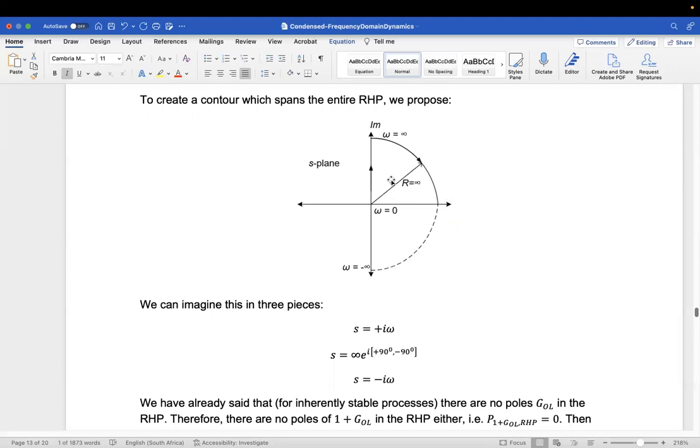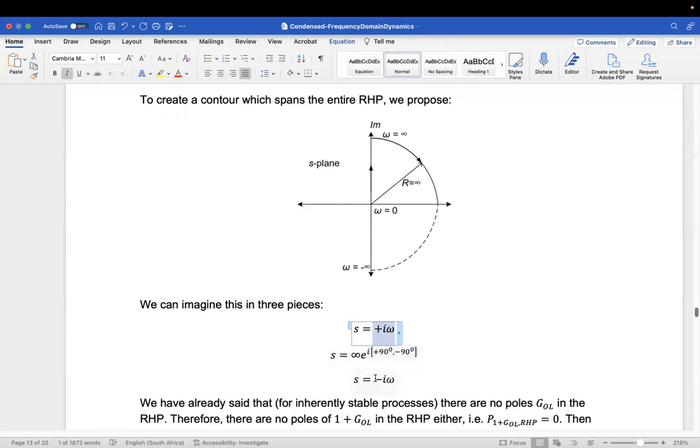So we can say, then, we don't even need to check this part of the contour. We can never encircle when S is moving around here. So we can just ignore this part of our contour. Then when we also look at this part of the contour where we are at -infinity and coming back to 0, we recognize that S equals -I omega along that path. And that's just the complex conjugate of the first part. So in the first part, we went S equals I omega like so.